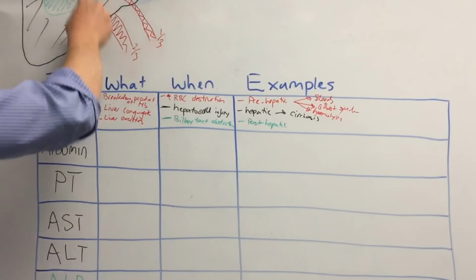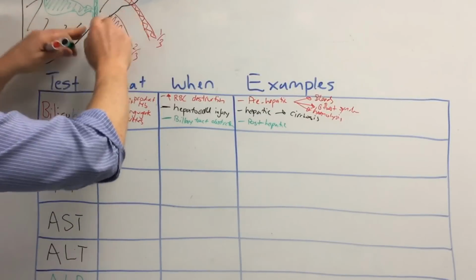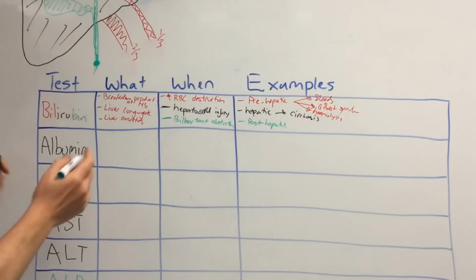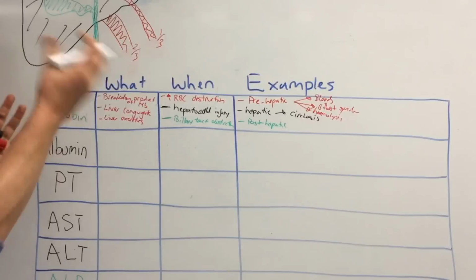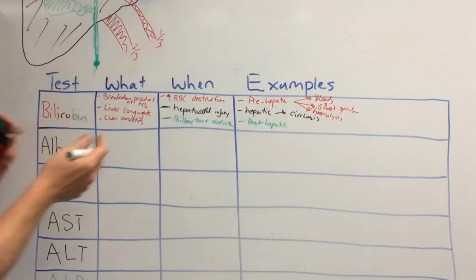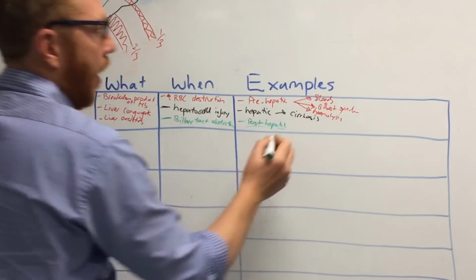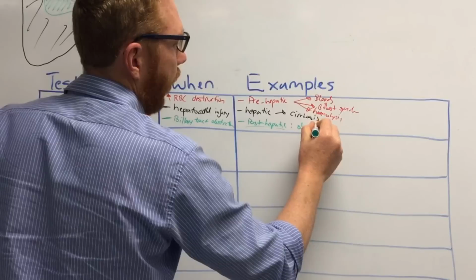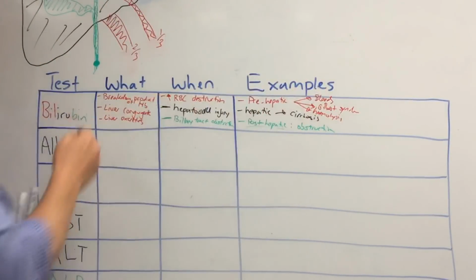The excretion can't get past there, so it comes back and enters the bloodstream, and so the conjugated level is high. So if you have raised bilirubin, but the majority of it is conjugated, you can guess that it's post-hepatic caused. Examples would be an obstruction in the biliary tract. Okay, so that's bilirubin done.